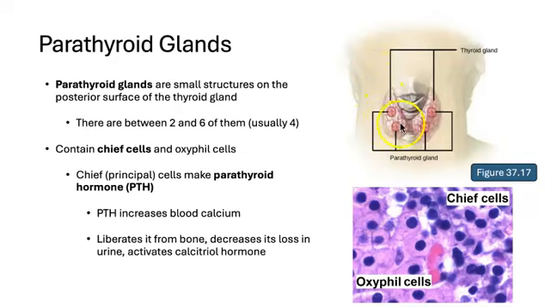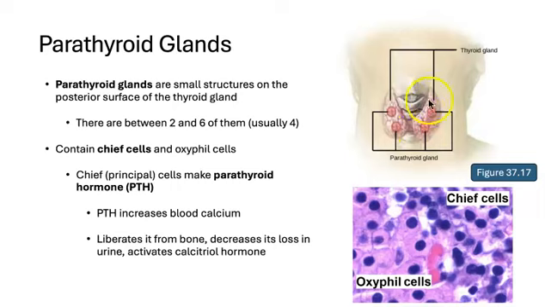So just a reminder, those parathyroid glands are found posteriorly on the thyroid gland. So even though it looks like it's sitting anterior here, it is posterior on the thyroid gland. And we usually have 4 of these, but it can range from 2 to 6.